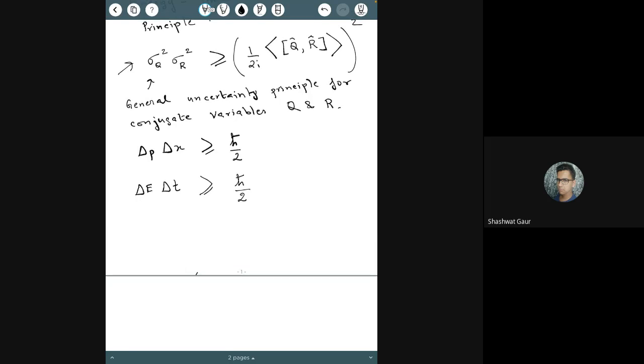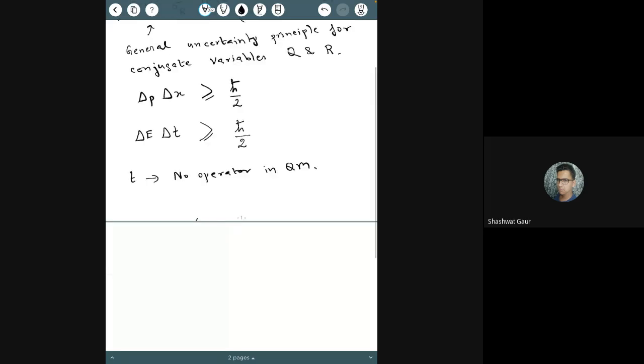Okay, so the main problem here in deriving delta E delta T greater than or equal to h cross by 2 is that T does not have an operator. No operator in quantum mechanics. So how does time feature in quantum mechanics? You have the time evolution of a quantum state.